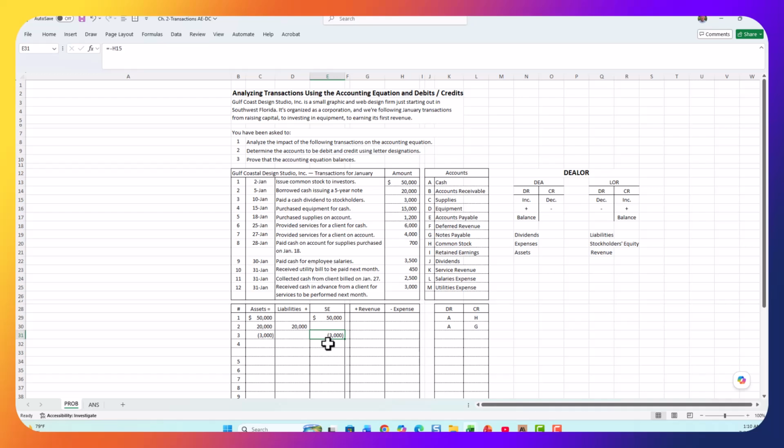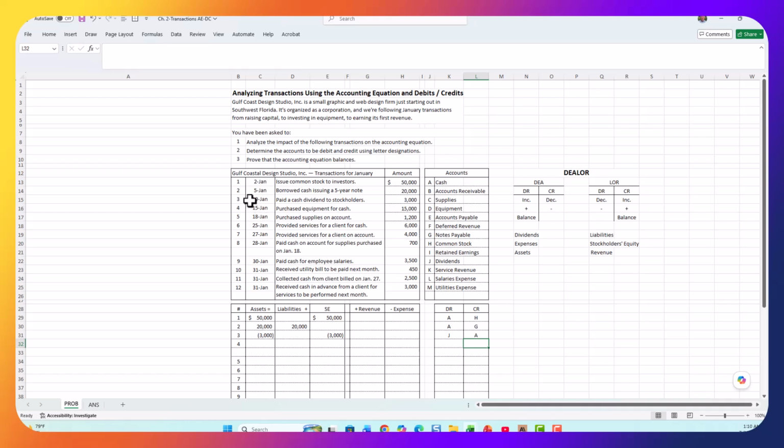Equity accounts normally carry a credit balance, but dividends has a debit balance, which is the opposite, making it what's called a contra account. It's important to remember that while dividends reduce stockholders' equity, they are not expenses. They are a return of earnings to stockholders. So for this transaction, we'll debit J, dividends, and credit A, cash.